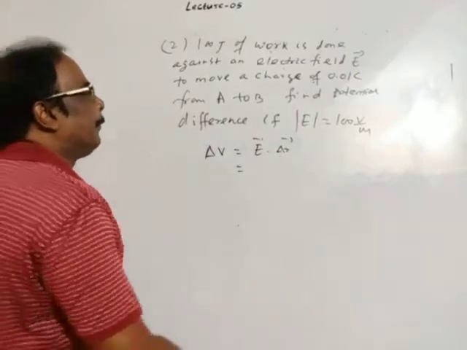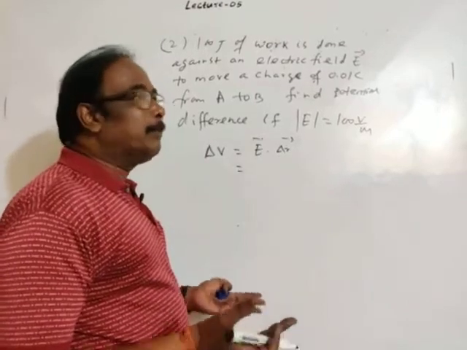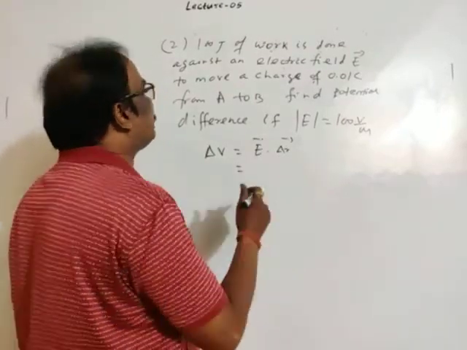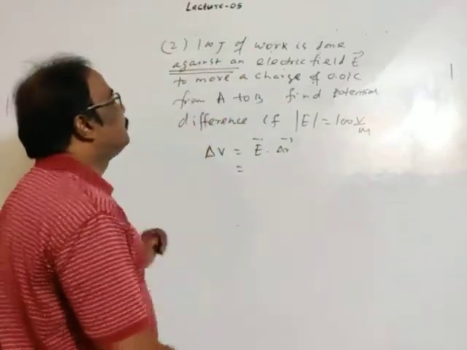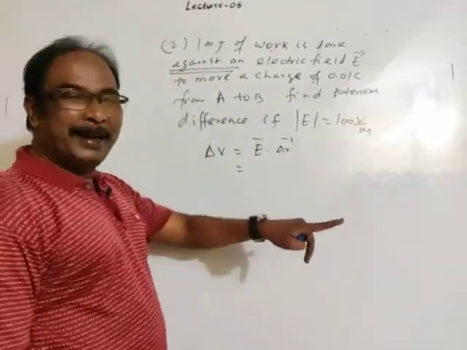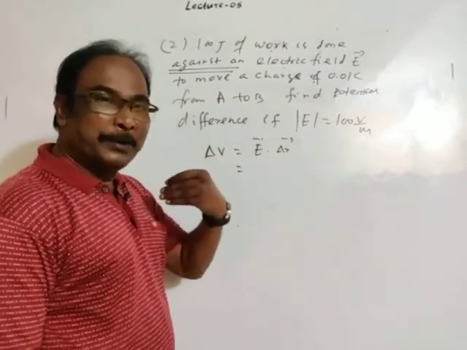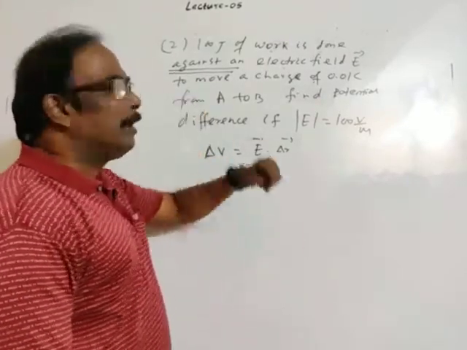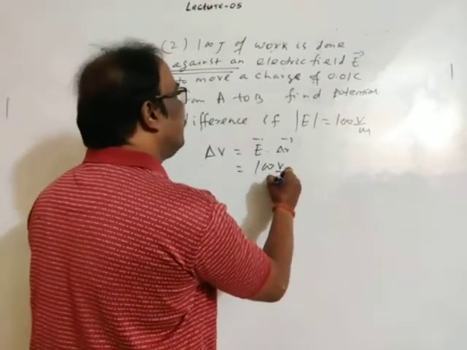We know that potential decreases along the direction of field and increases opposite to the direction of electric field. The charge is moved against the electric field, then potential will increase.